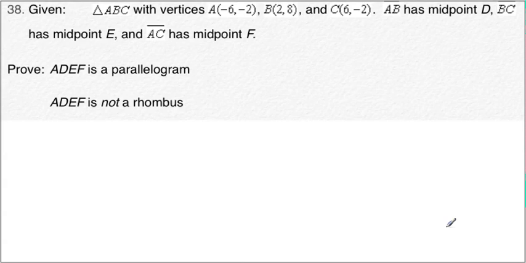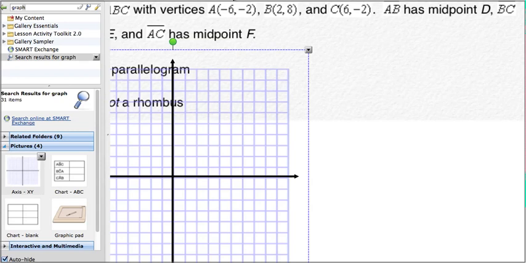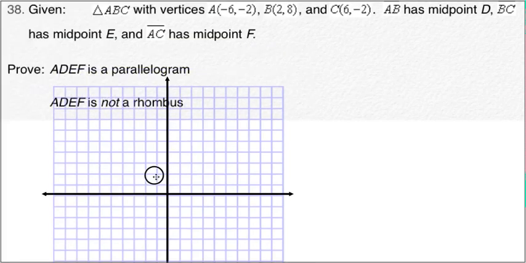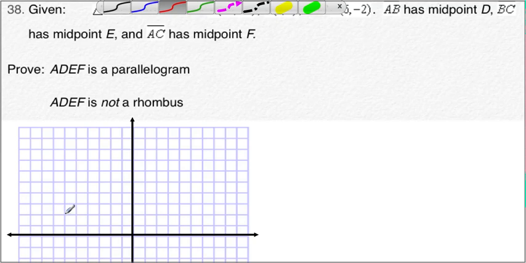Number 38. We have these 3 points of the triangle, and then we have midpoints as given. So let me try to put this one up first. A is negative 6, 2.